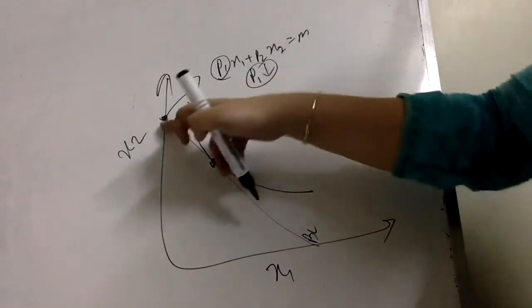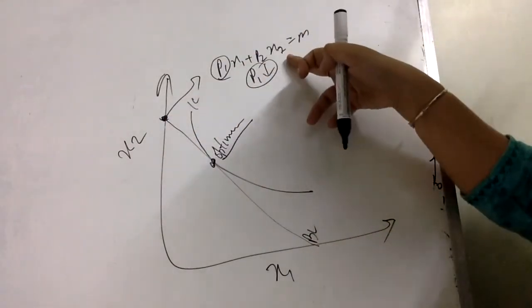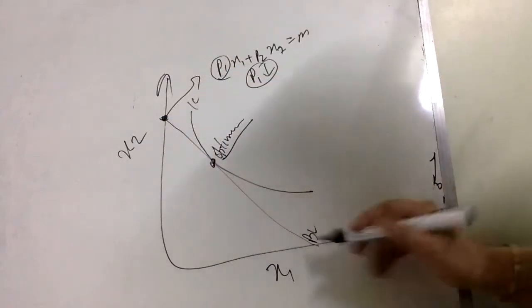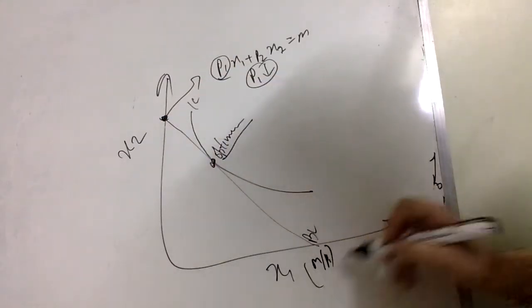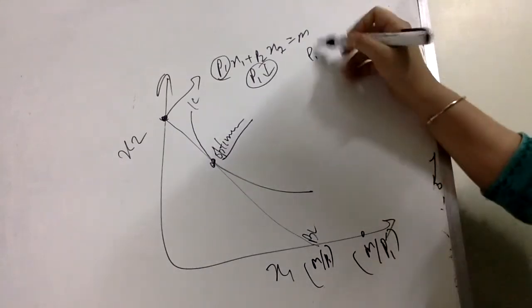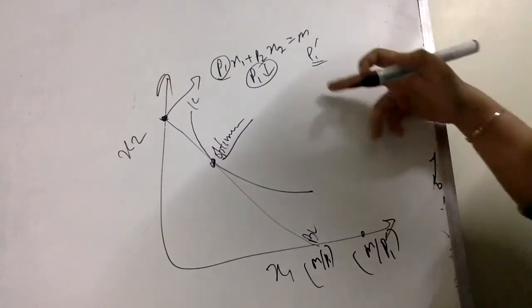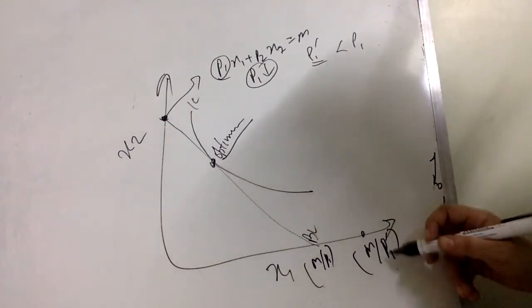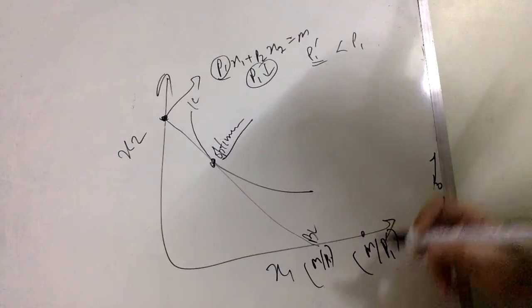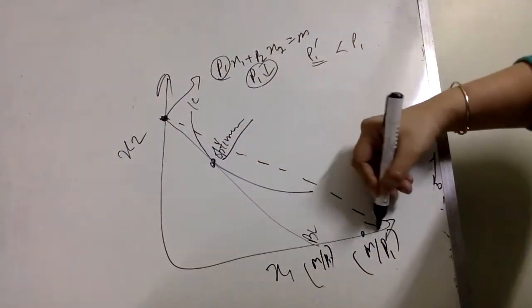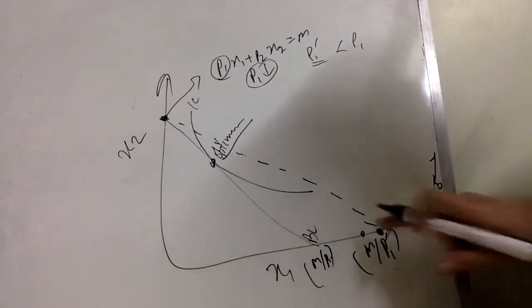At this point x1 is 0, so x2 equals M by P2, and hence this point is not changing. But this point will change from M by P1 initially to M by P1 prime. If P1 prime is less than P1, then M by P1 prime is greater than this value. So I connect the two points, which is the new budget line here.